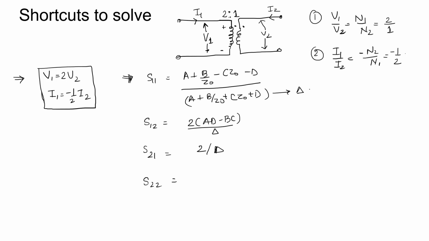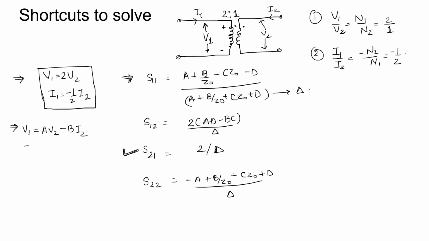S12 is equal to 2 times AD minus BC upon delta. S21 is equal to 2 upon delta, and S22 is equal to minus A plus B by Z naught minus CZ naught plus D upon delta. What we were asked to find is S21, right?